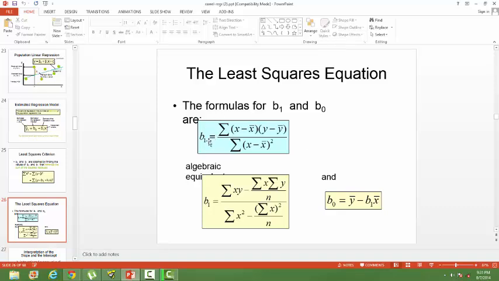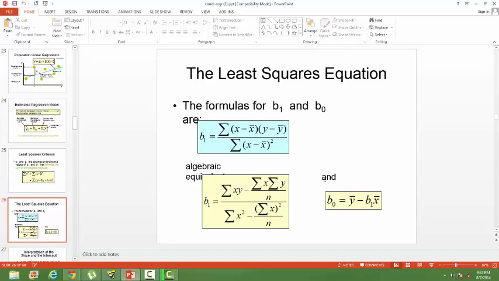The formula to compute b1 is the following, which we can see on the screen. You can also compute your intercept once you are done computing your slope coefficient. You can use these two formulae to find the slope as well as the intercept, and once you have that, you have the model in place.